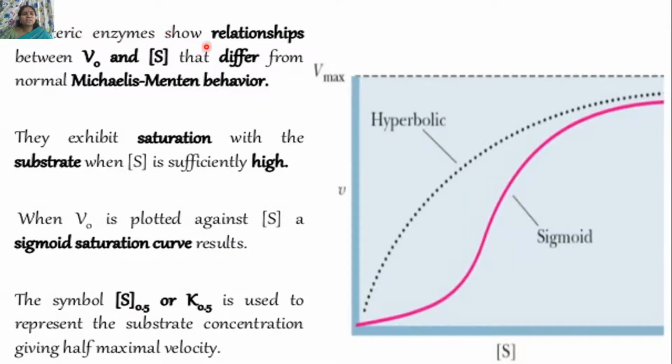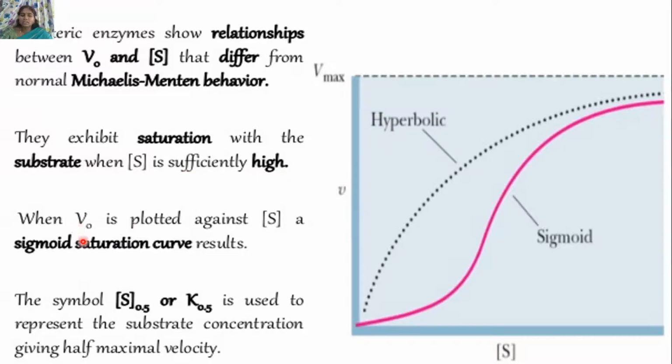Allosteric enzymes show a relationship between the initial velocity and the substrate concentration that differs from the normal Michaelis-Menten behavior. Normal Michaelis-Menten enzymes show a hyperbolic curve if you plot substrate concentration versus the velocity or rate of reaction, and they exhibit saturation when the substrate is sufficiently high.